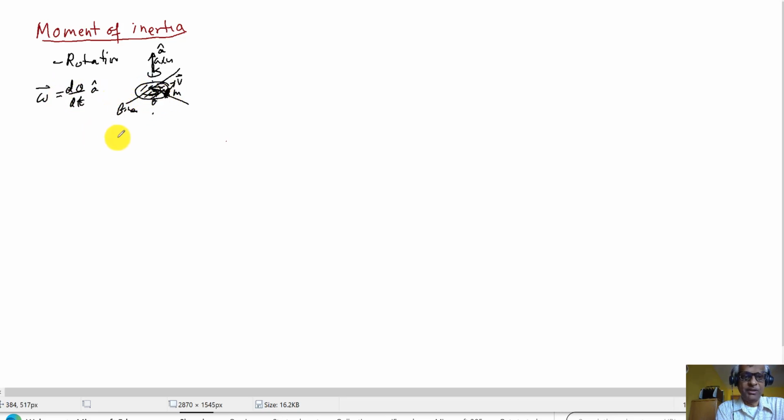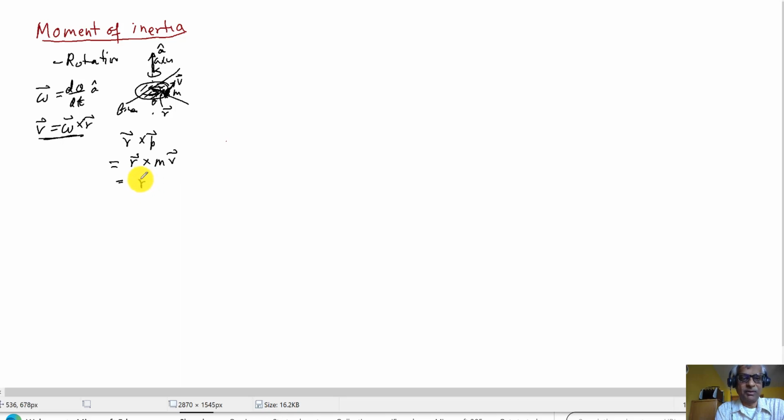And when we look at the r vector and the p vector, if I look at this r cross p of this object, then it can be written completely in terms of the angle. We look at the velocity vector and this r vector, and it comes out that omega cross r is equal to the velocity vector. This was proven some time ago, in previous lectures.